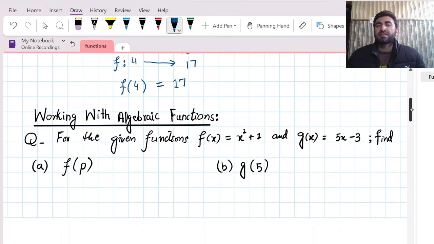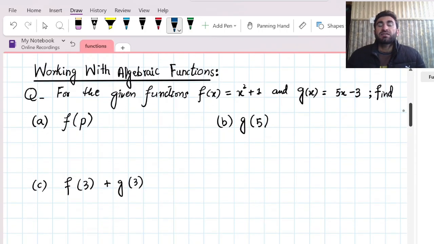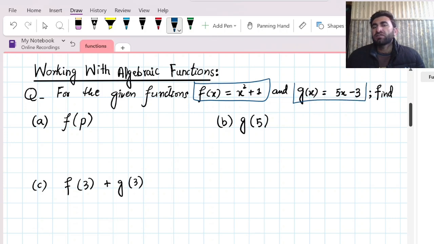Let's take some other examples in which we will discuss a few more operations and the questions that may appear in the exam. Like the first one, we have taken f of x is equal to x square plus 1, the function in the previous one, and there is another function g of x defined as 5x minus 3. Now what are we going to find?